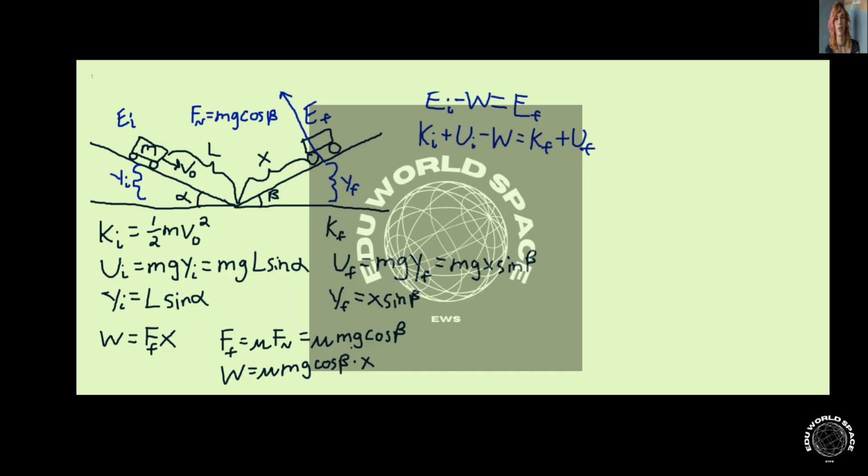We know that the initial kinetic energy is 1/2 mv naught squared. So we have 1/2 mv naught squared plus the initial potential energy, which is mgL times the sine of alpha, minus the work that's done, which is mu times mg times the cosine of beta times x.